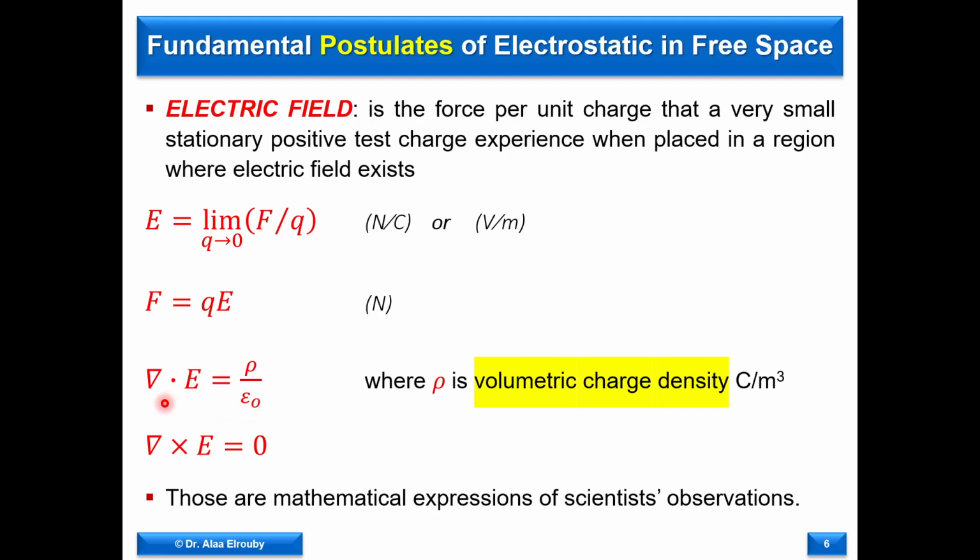In free space, the divergence of this electric field equals rho, which is the volumetric charge density, with units of coulomb per meter cubed, divided by epsilon naught, which is a constant whose value we're just going to remember. Then we also have this postulate, or law, that the curl of E, the curl of the electric field, equals 0, and we're going to talk about the physical meaning of those two postulates shortly.